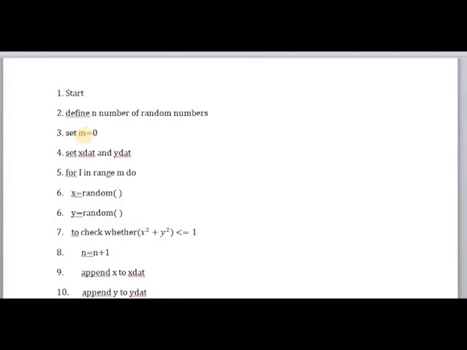Define n, the number of random numbers generated. For i equal to 1 to n, do. That is enough.